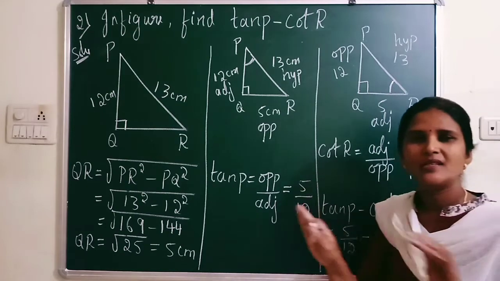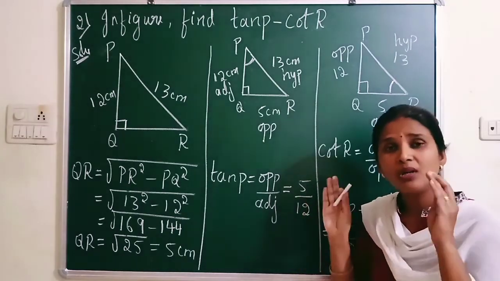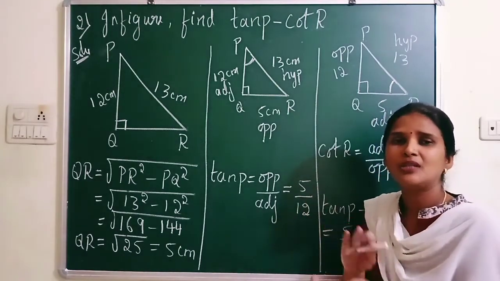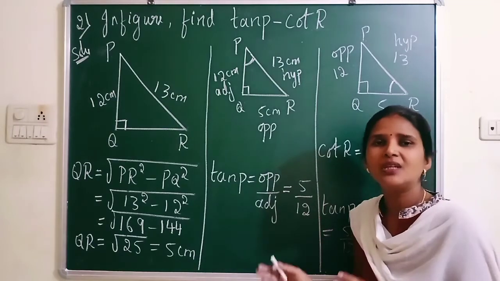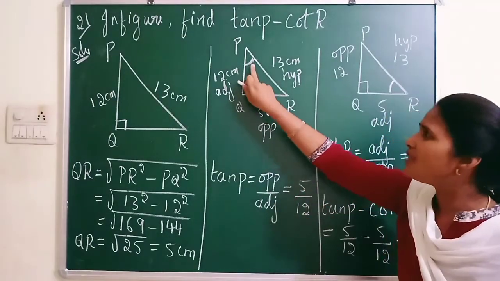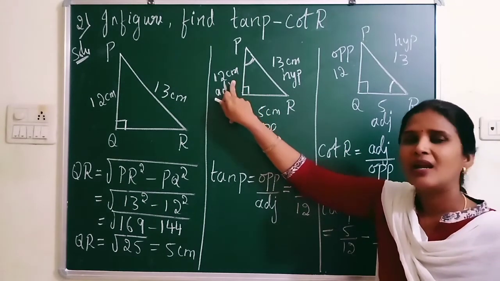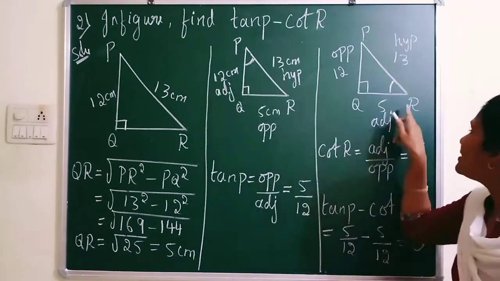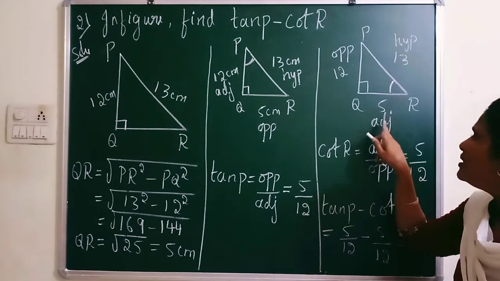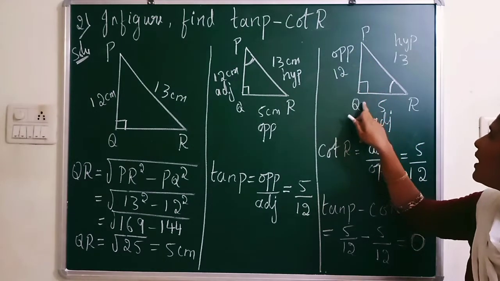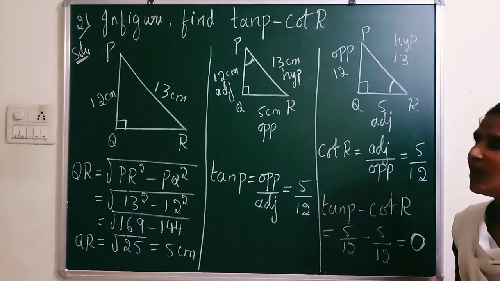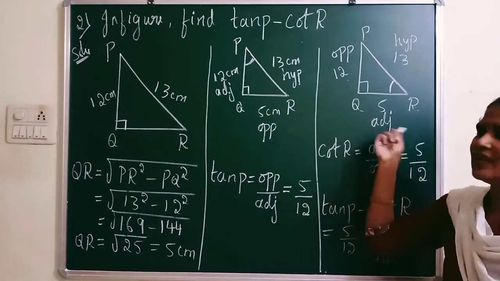We should not change the values of the sides. We only should interchange the opposite and adjacent according to the given acute angle. Because here P was acute, QR becomes opposite and PQ becomes adjacent. Since R is acute here, opposite is PQ and adjacent is QR. You can see these two are interchanged.